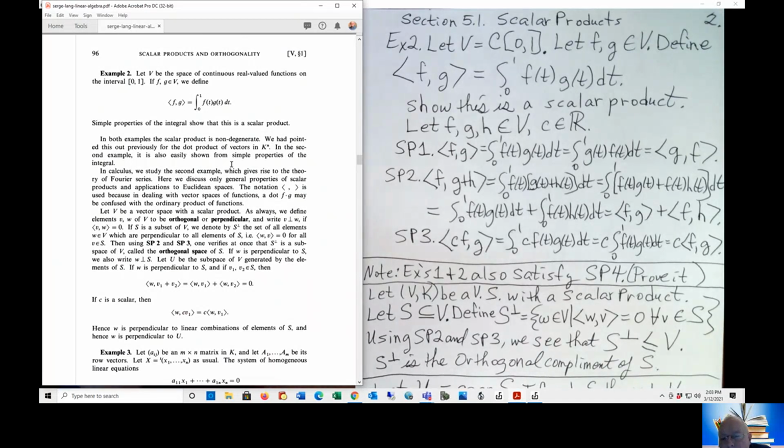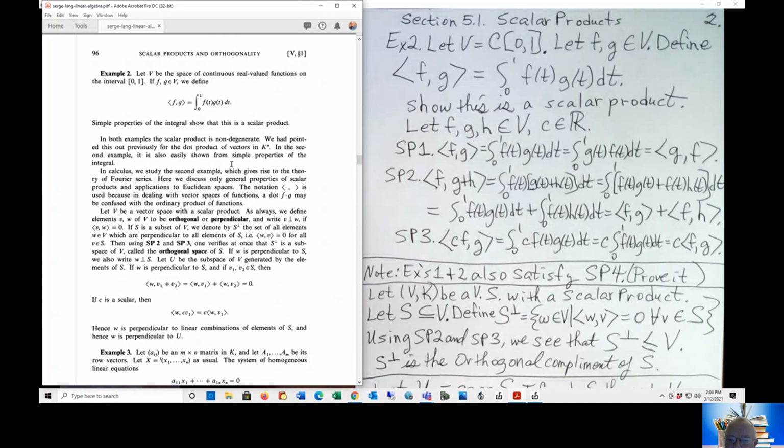Show that this association is indeed a scalar product. So let f, g, and h be 3 continuous functions on 0, 1. Let c be a real number. And let's look at the definition.